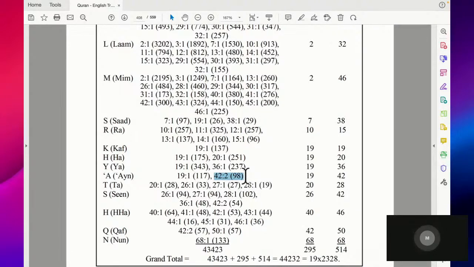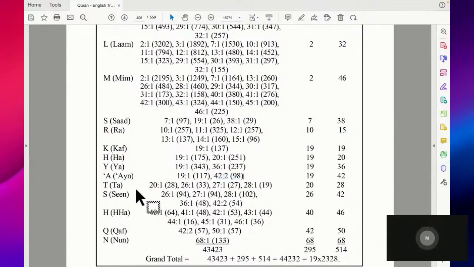So that was the only surah that had 2 initial verses. The rest of the surahs only had 1 initial verse. God willing, we will talk about why it is the case, and this is part of the intricate and interlocking mathematical miracle of the Quran, which makes it an awesome phenomenon.